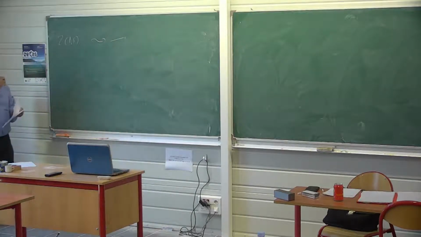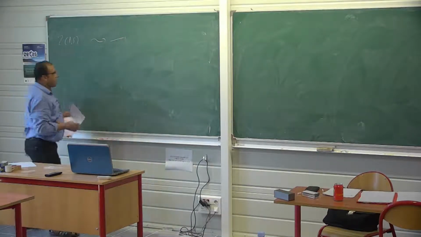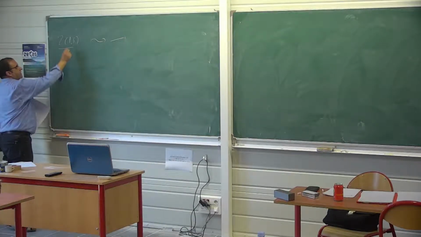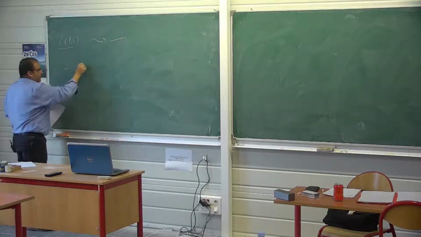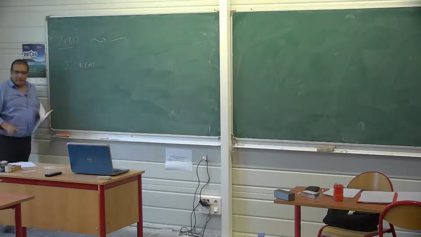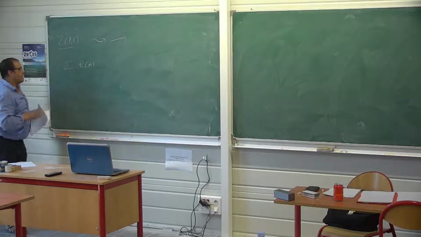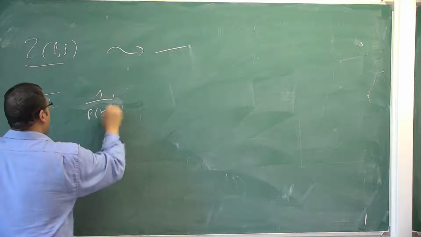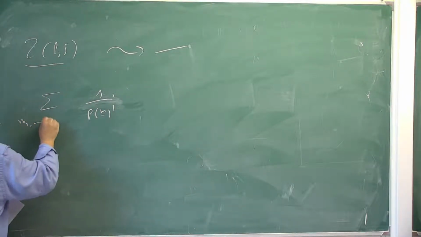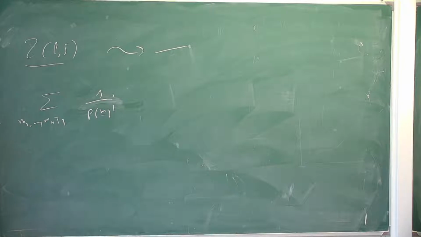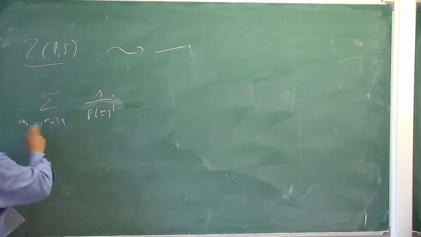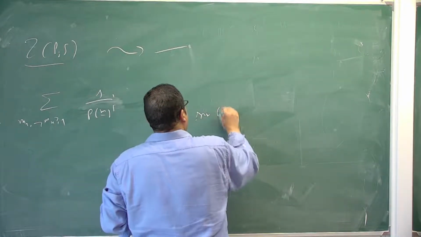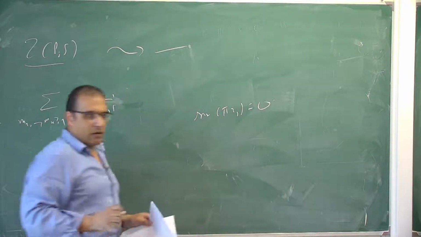So I will explain, for example, for the general case, the series looks like a discrete sum, and this sum is here the sum of 1 over P(m)^s, and you are looking for integers. But what are integers? Integers are solutions of the equation sin(π z_j) equal 0.